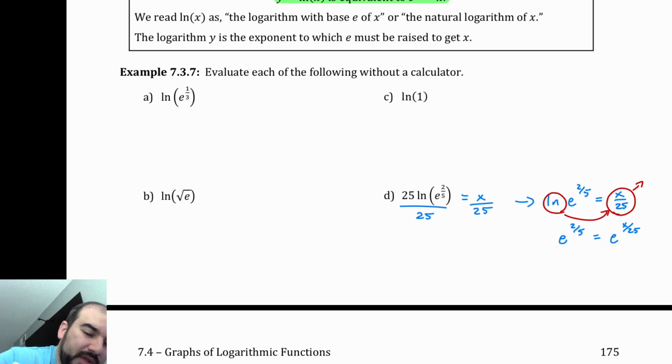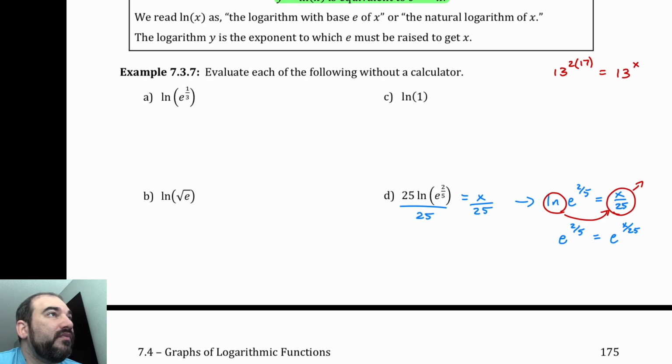If I were to tell you that, this is a separate problem, but if I had something like 13 to the 2 times 17 power is equal to 13 to the x power, these two sides would only be equal because the bases are equal.